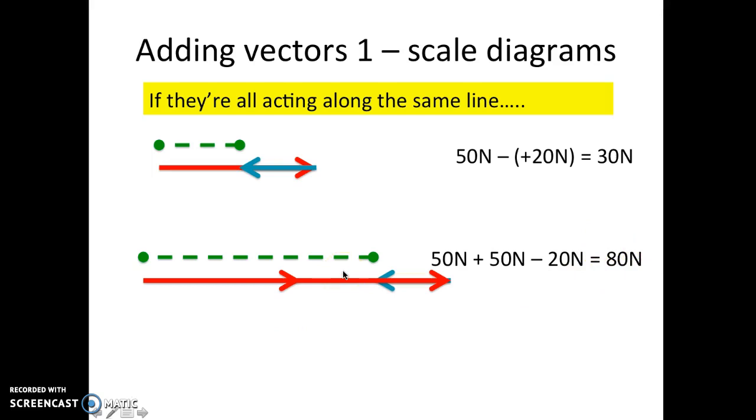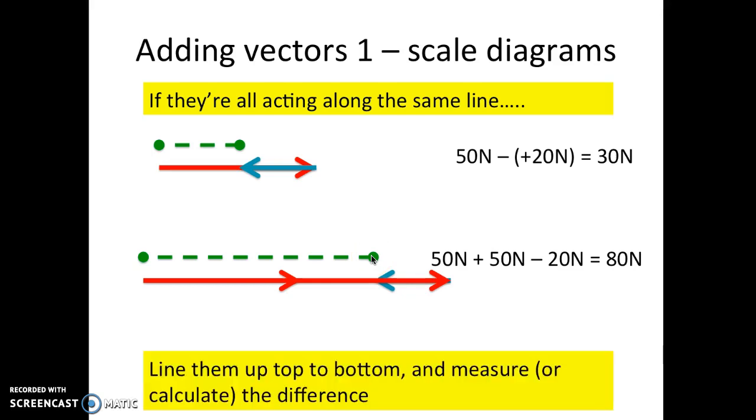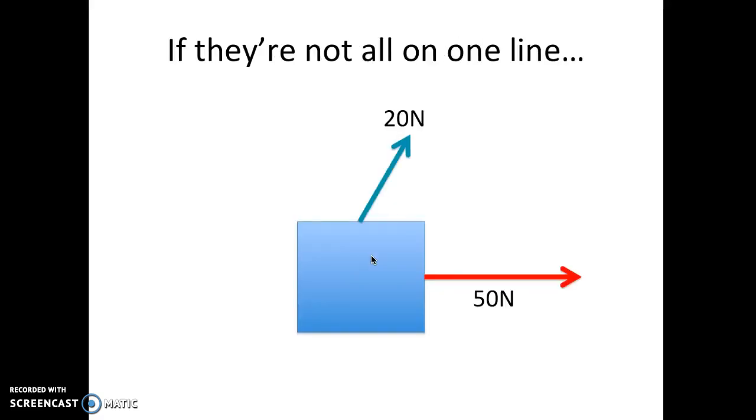And if you're using accurate scale drawings, you don't even have to do this maths in your head. You could just measure this distance and work out therefore what the resultant vector is. It's that simple. That's what you were really doing. So in other words, line the arrows up top to bottom and then measure or calculate the difference from the start to the finish.